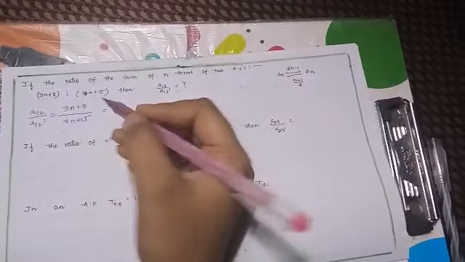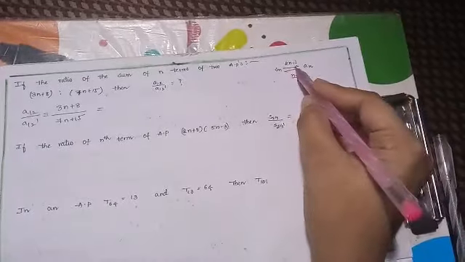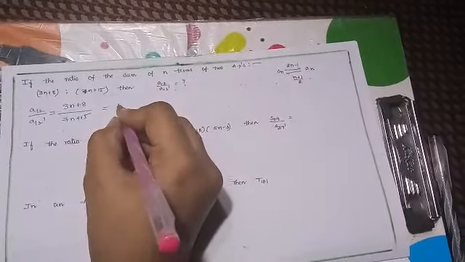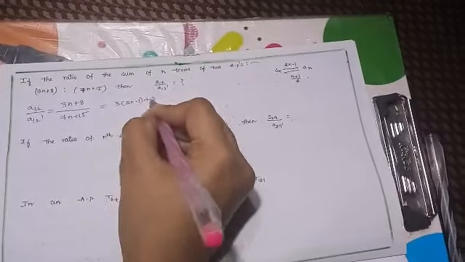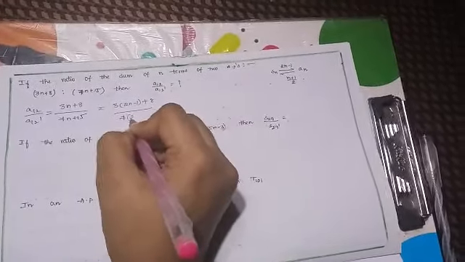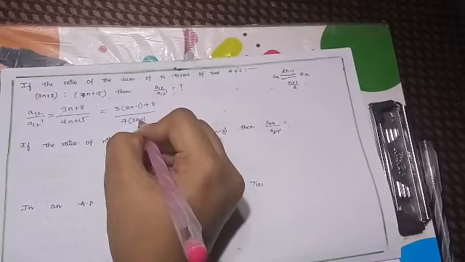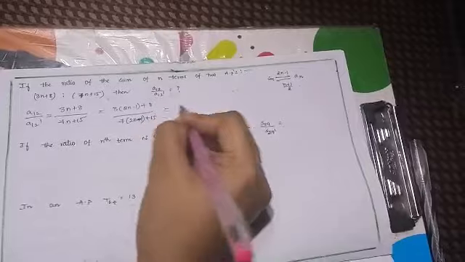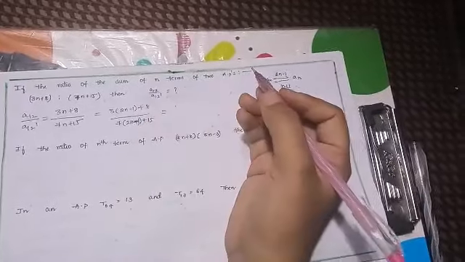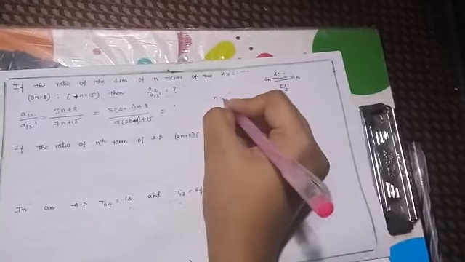So what we are doing is going from Sn to An. That means 2n minus 1. So keep directly 3 of 2n minus 1 plus 8, over 7 of 2n minus 1 plus 15. Then what do you need to apply in an? n equal to 12.